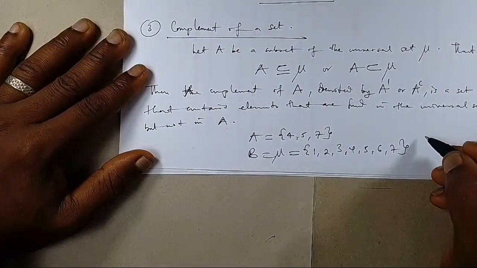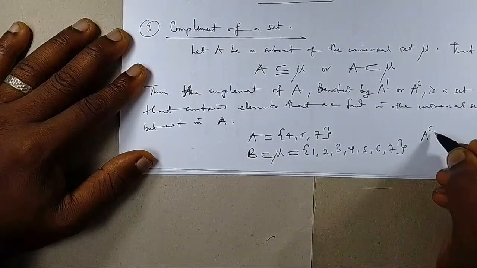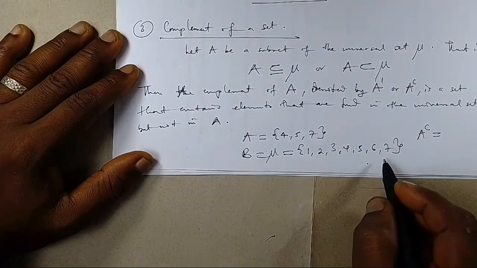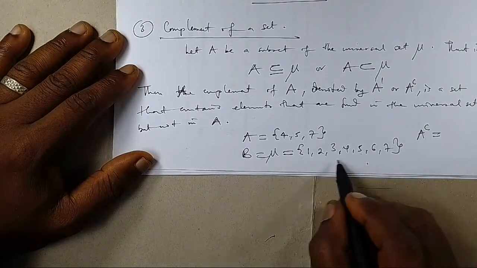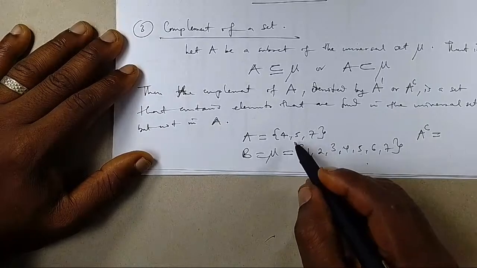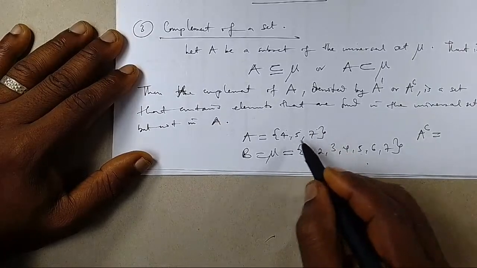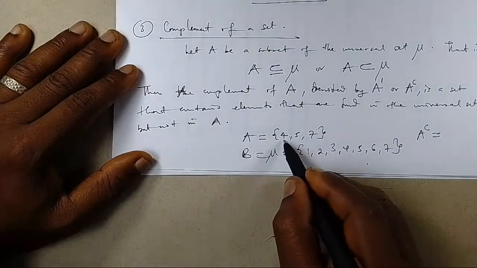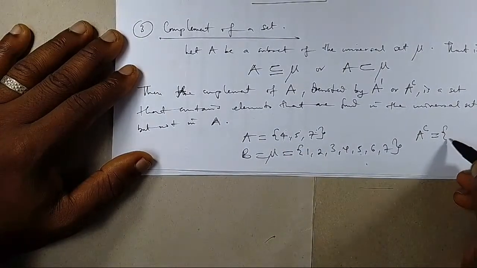Now, if you want to find A complement, it will be a set that contains all the elements you find in the universal set that are not found in A. What are the elements found in A? 4, 5, and 7. What elements do you find in the universal set that you do not find in A? Those will form a set called the complement.